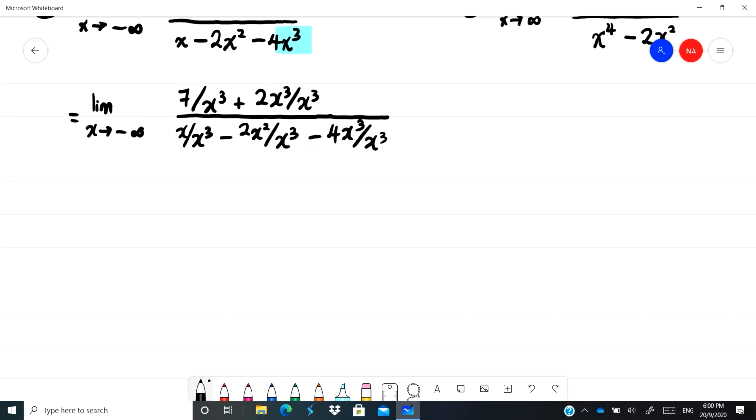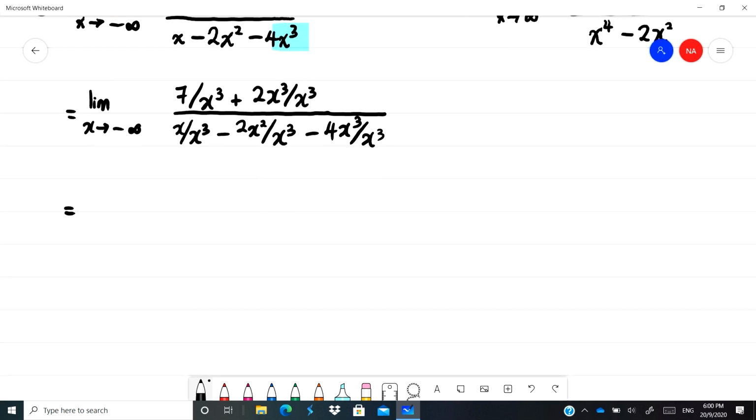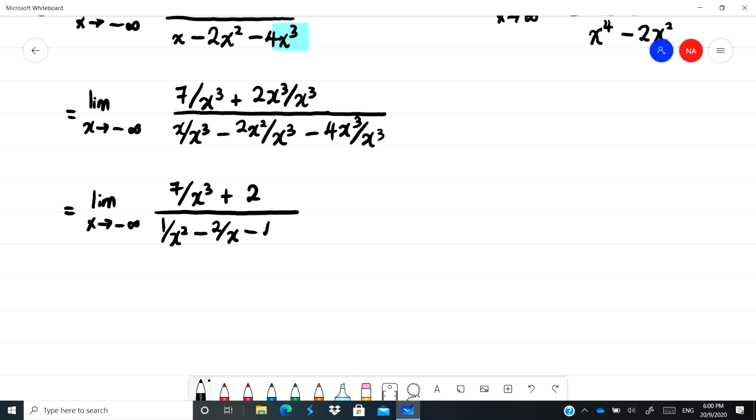Now we have to simplify first. You simplify each term, and you get 7 over x to the power of 3 plus 2, the whole thing divided by 1 over x squared minus 2 over x minus 4.